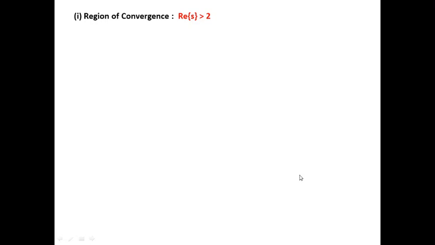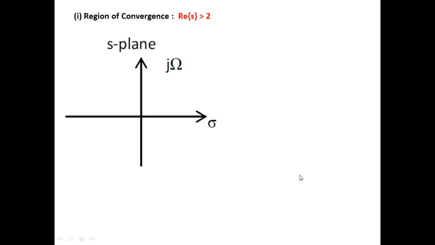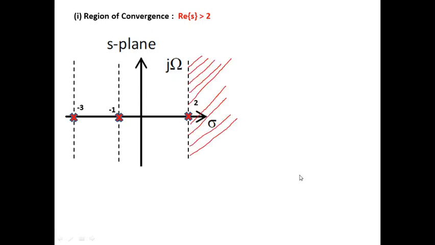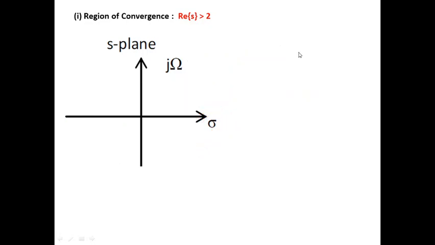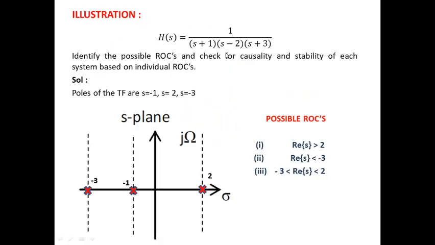First one is real part of s greater than 2, which is nothing but right of the rightmost pole, and the given signal is a right-sided signal. So how do we check for causality? The causality condition is h of s is rational. Yes, h of s is 1 by s plus 1 into s minus 2 into s plus 3; numerator as well as denominator are polynomials.